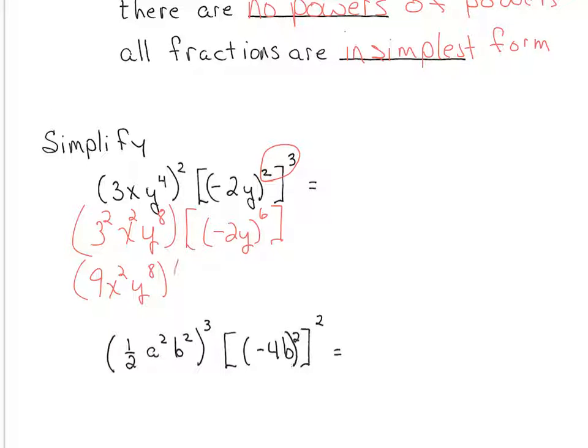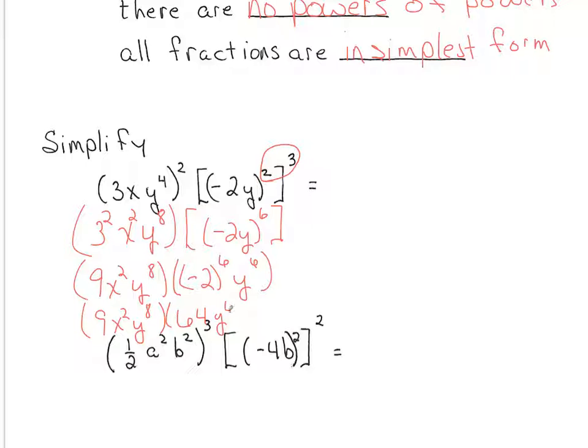And negative 2 to the 6th, y to the 6th. Negative 2 to the 6th. If I multiply a negative 6 times, I'm going to have a positive number, and this becomes 64. You can use a calculator.